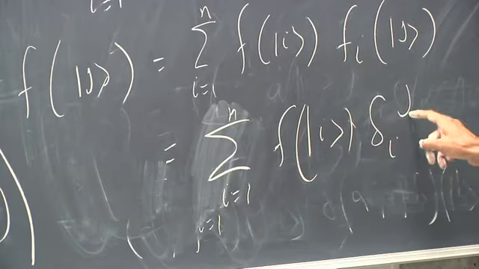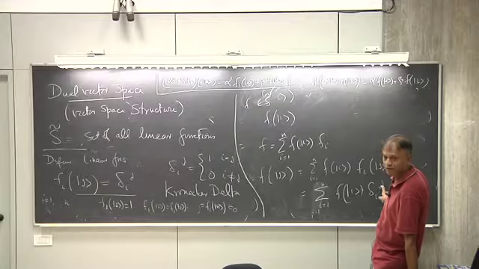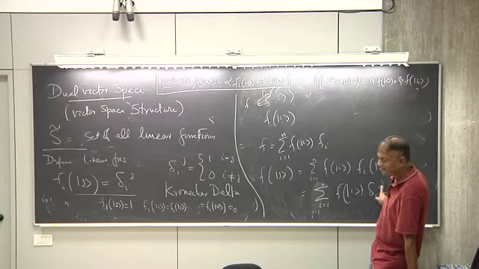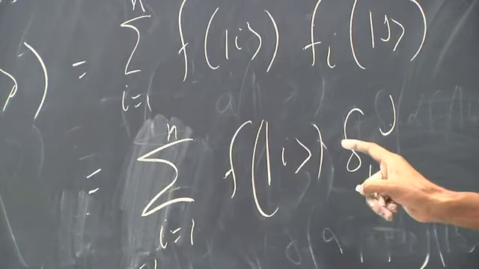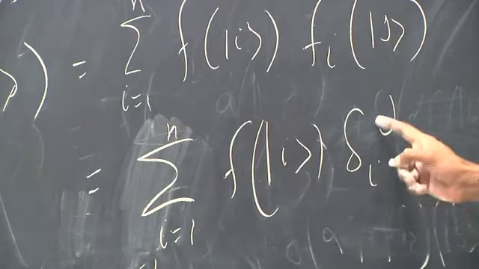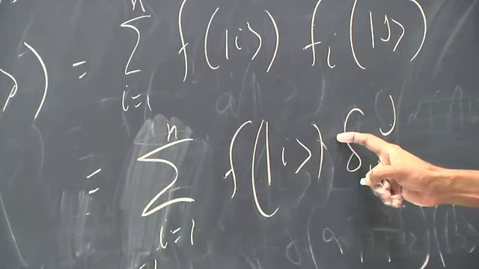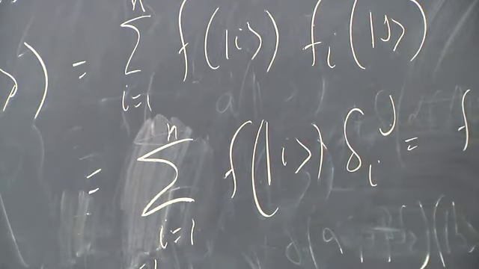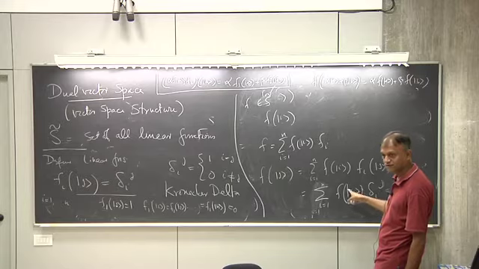So, in this sum, the term will be 0 whenever i is not equal to j, because there is a 0 multiplied by whatever number is here. The only term is when i equals j, and then the delta is 1. So, you get f acting on j, because i is equal to j.